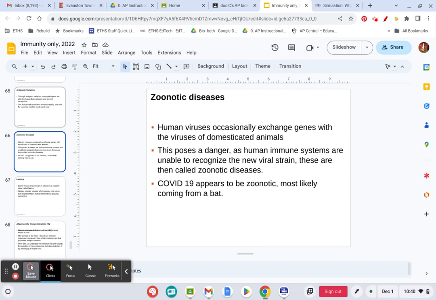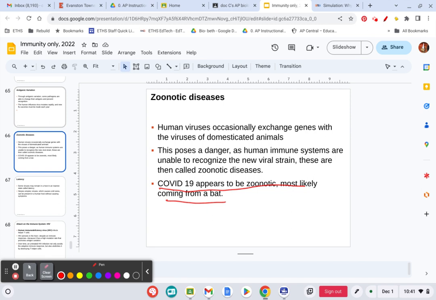COVID-19 appears to have come from a bat. Swine flu, I think, came from pigs. Normally there's a range of hosts that a virus can infect, but occasionally it will mutate enough that it can then infect another host. So COVID-19 probably came from something else.